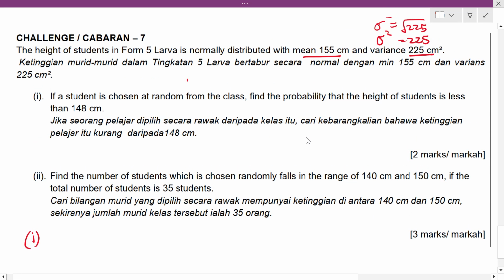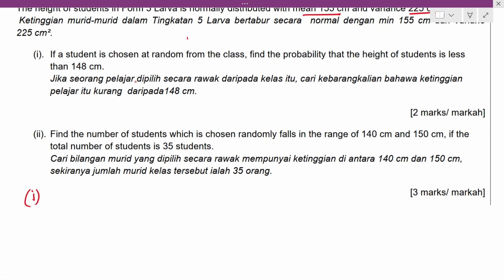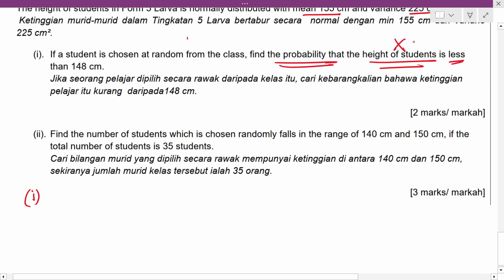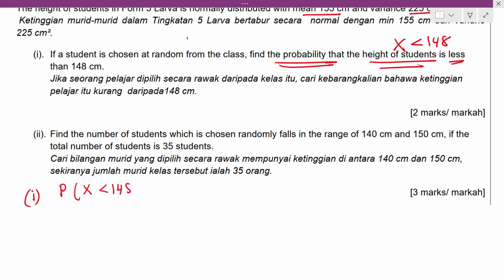If a student is chosen randomly from the class, find the probability that the height of the student is x less than 148. You just convert the English sentence into a mathematics sentence. Probability is P, height is x, less than 148.